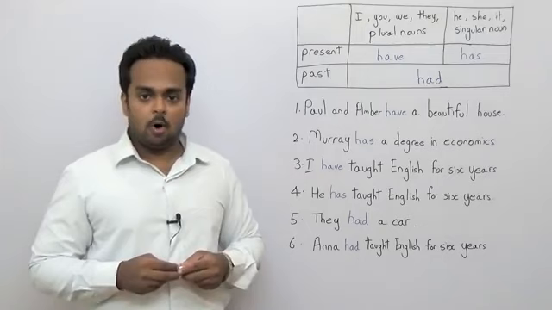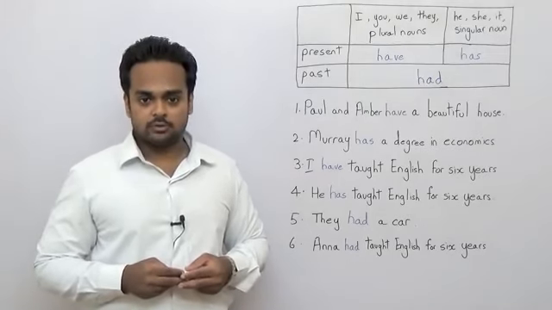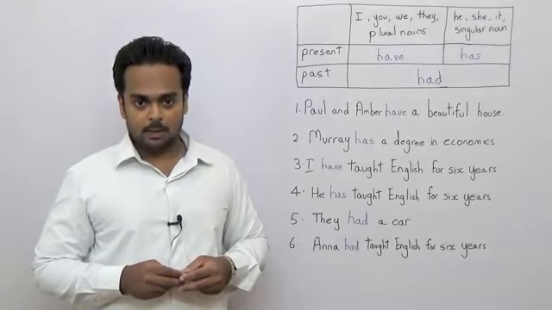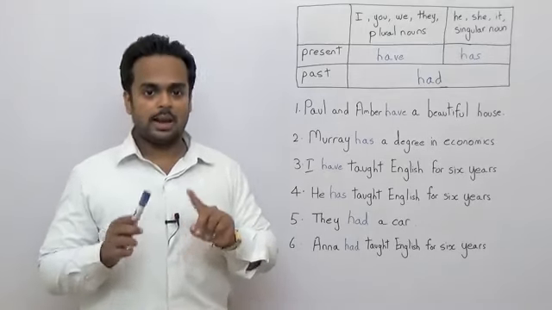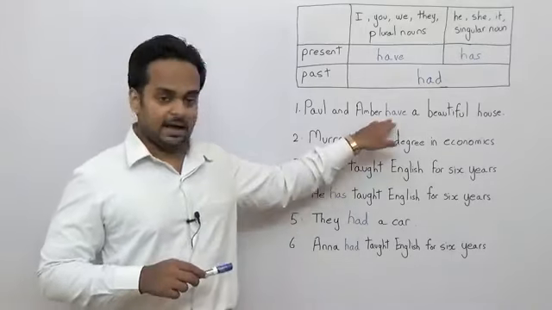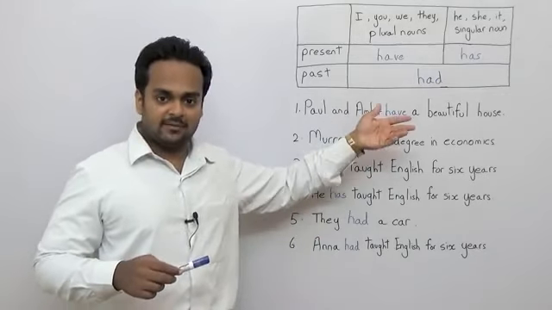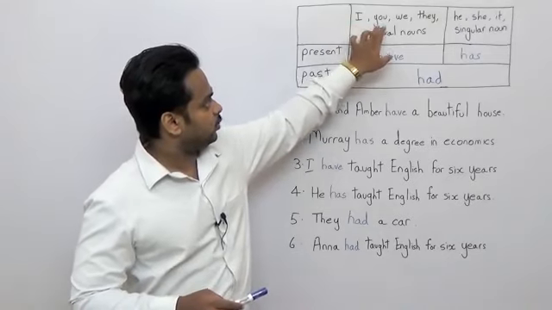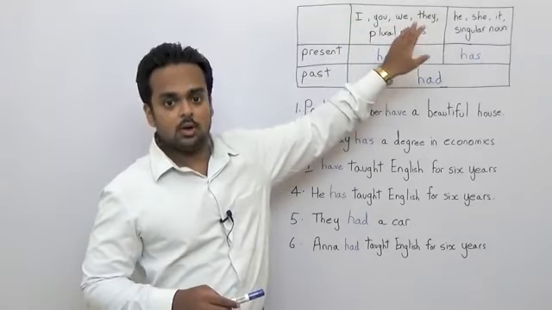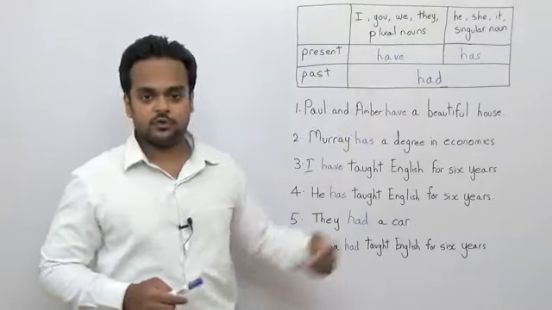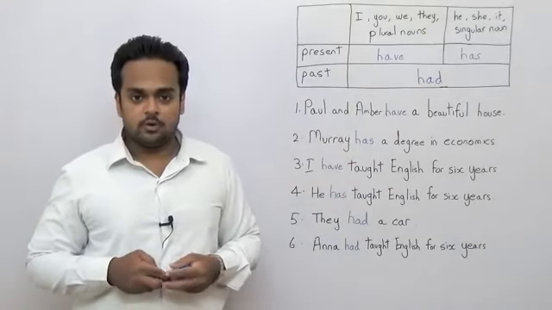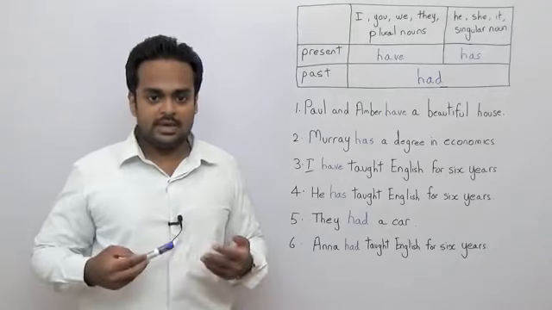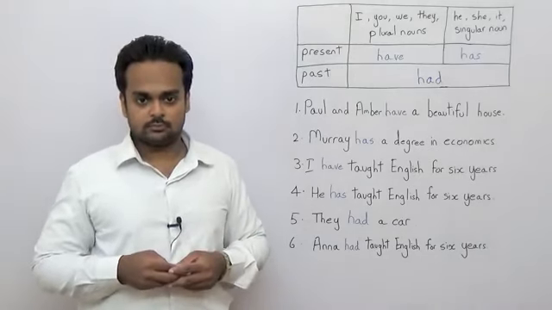We might say, Paul has a beautiful house, or Amber has a beautiful house. But because it's two people, Paul and Amber, we use have. Now, if the subject is I, or you, or we, or they, we still use have. So, I have a beautiful house, or you have a beautiful house, we have a beautiful house, etc.